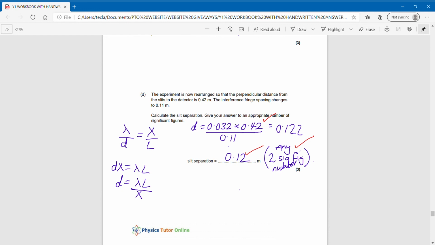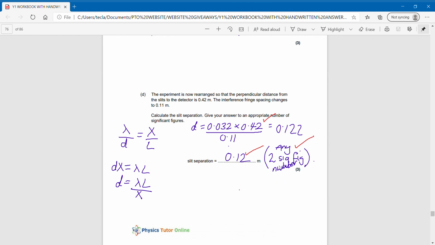So rearrange that to get D. D equals lambda L over X. Put the values in. 0.032 times 0.40 divided by 0.11 equals 0.122. So the slit separation is 0.12 to two significant figures. The third mark here is for any two significant figure number.